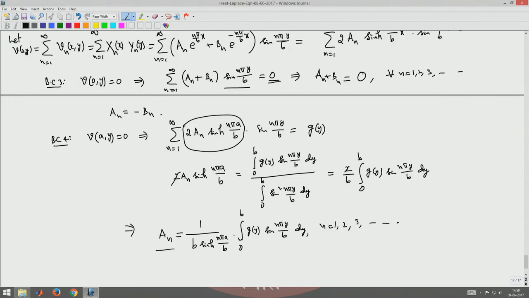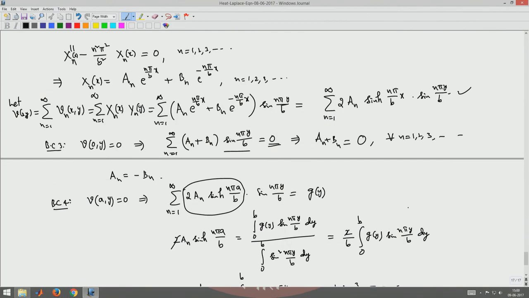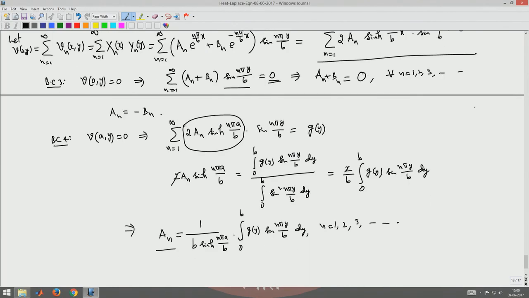So, with this a_n you put it into here, that is the solution that satisfies now all the boundary conditions. This is the required solution with a_n being this. So, this is how you can solve the Laplace equation with this boundary data.